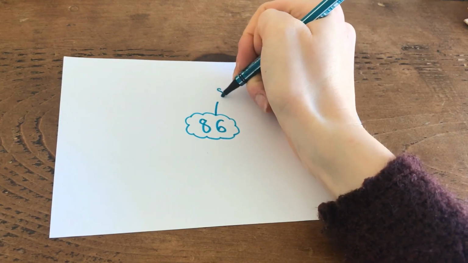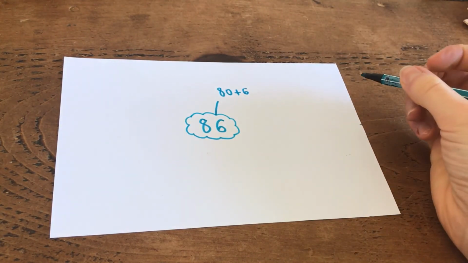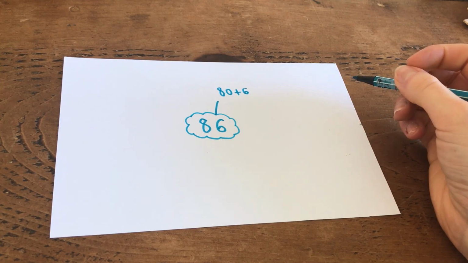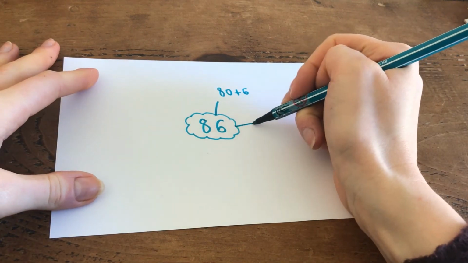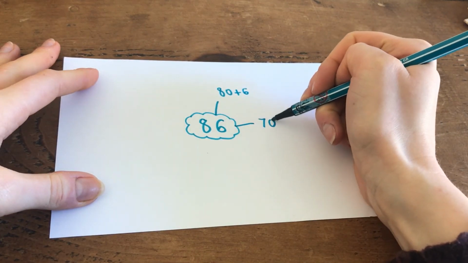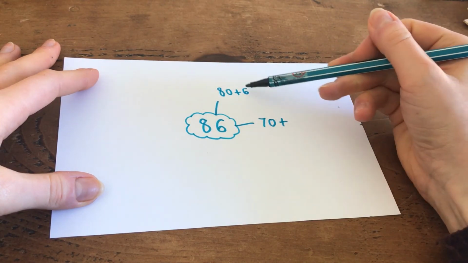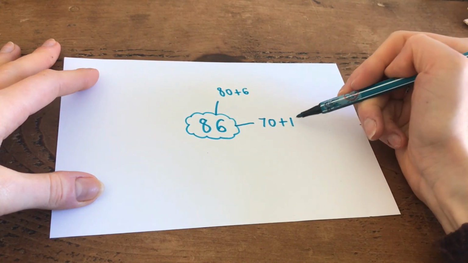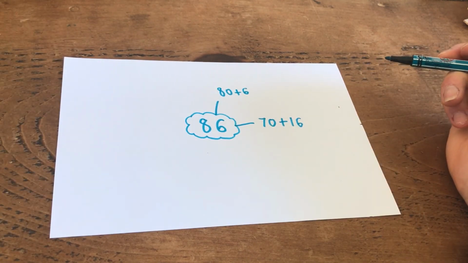Yes, 80 and 6. Now there are lots more interesting ways that you could partition 86. So for example, I could do 70 and, if I've taken a 10 away from here, I need to put it onto there, 16. That's one way. There's lots of other ways.